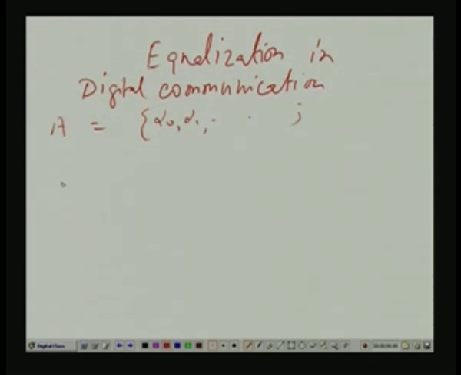What you transmit is a sequence of symbols. Symbols can be complex like a plus jb, the I component, Q component. So I[n] is the symbol sequence, I[n] an element of A. That is, I0 is one symbol from here, I1 is another symbol from here; this is the symbol set you transmit.